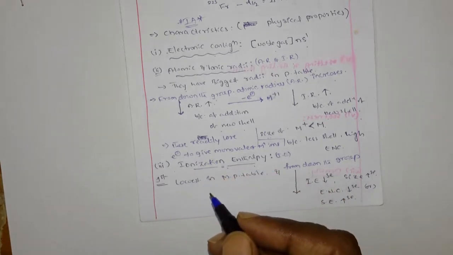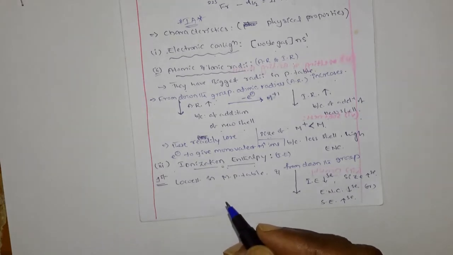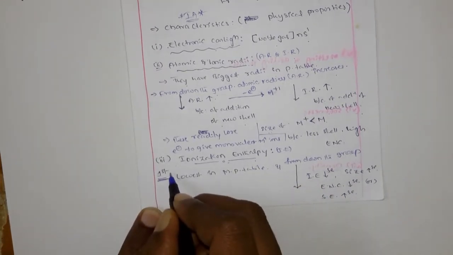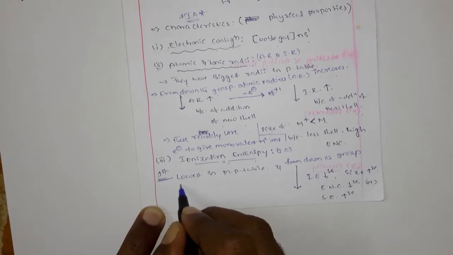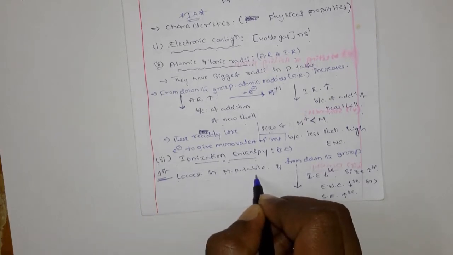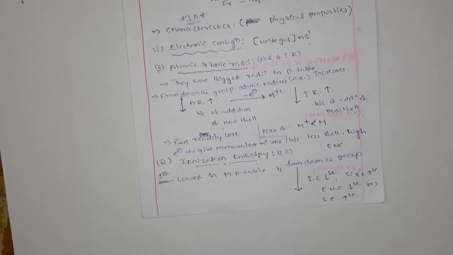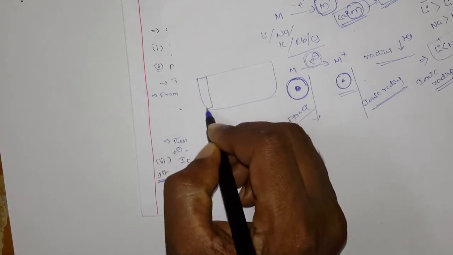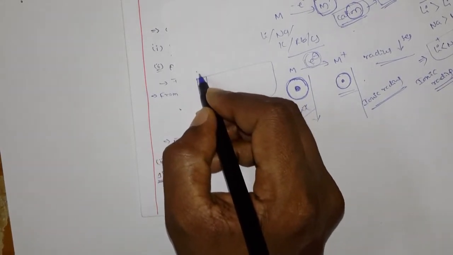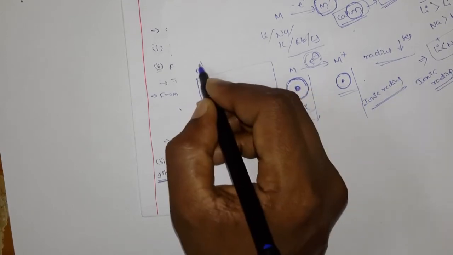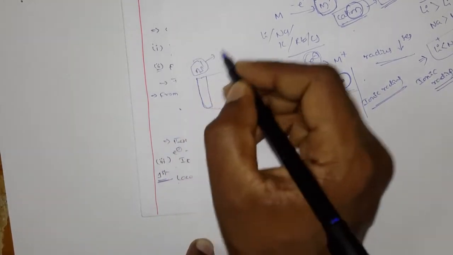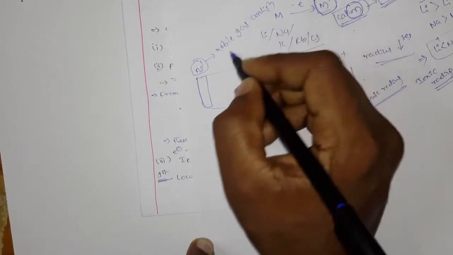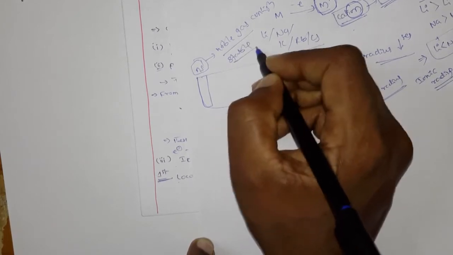So generally, this first group of elements has the lowest ionization enthalpy in the modern periodic table, because these are at the very left and contain only one electron, and when it loses this electron, it will get the noble gas configuration, right? What is the noble gas configuration? It is a stable configuration.